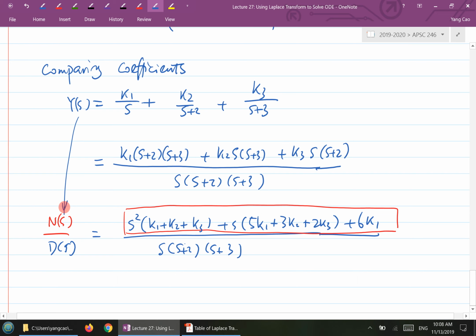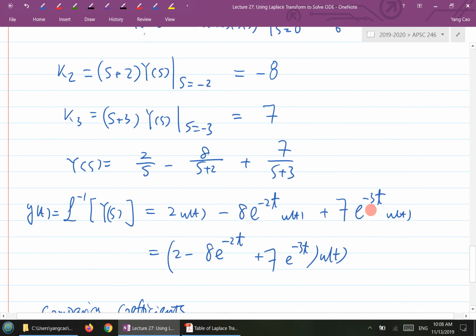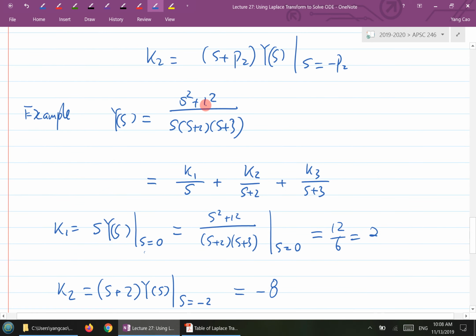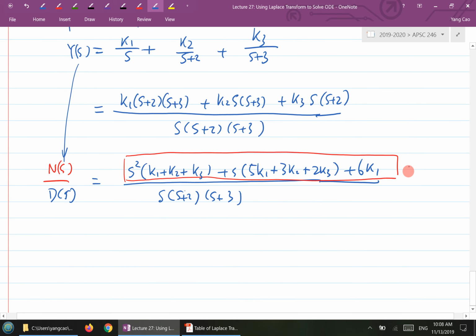And the original Y of s numerator is, what's the original one? Is s squared plus 12. Okay, so this one should equal s squared plus 12. Now you compare coefficients. The coefficient for s squared, k1 plus k2 plus k3, should be 1. Coefficient for s, there's no s term, so that should be 0.